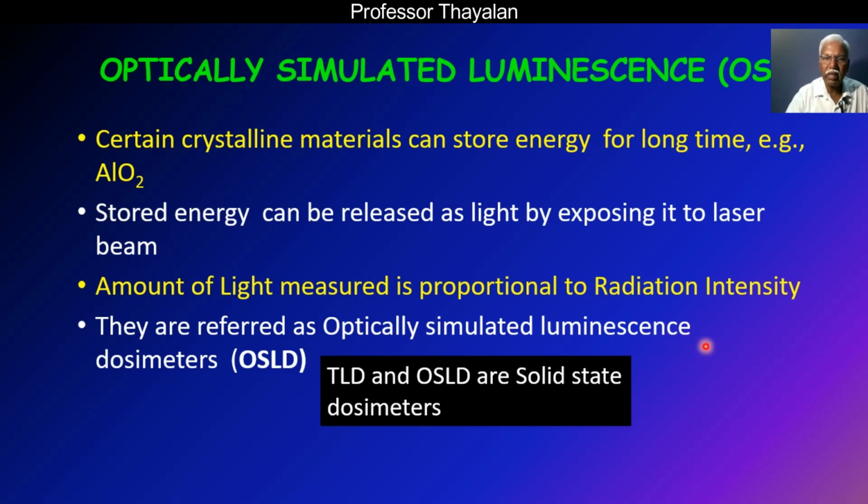The dosimeter using this principle is called optically stimulated luminescent dosimeter, OSLD. So the OSLD can also be used as a personal monitor. In India we are not using it. Certain countries are using these OSLD dosimeters. So both TLD and OSLD are called solid state dosimeters.